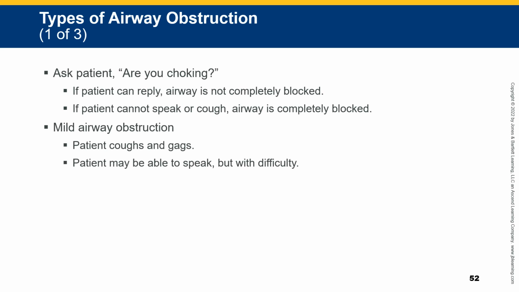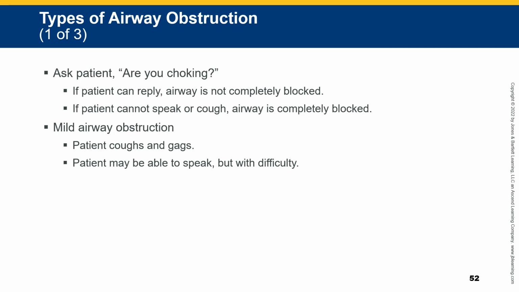The first step in caring for a conscious person who may have an obstructed airway is to ask, "Are you choking?" If the patient can reply to your question, then their airway is not completely blocked. But if the patient is not able to speak or even cough, then their airway is completely blocked.